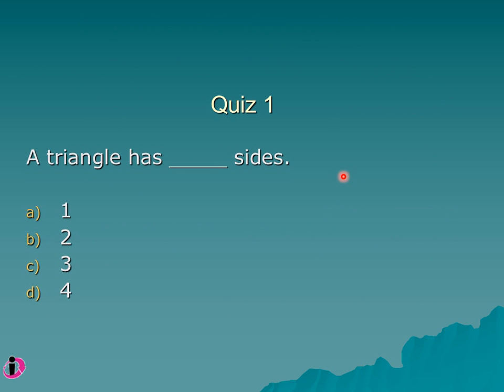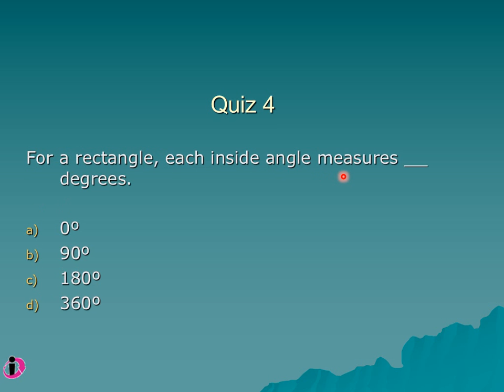Okay. Let's try some quiz questions here. A triangle has 3 sides, right? A rectangle has 4. A square has 4 as well. For a rectangle, each inside angle measures 90 degrees, right?